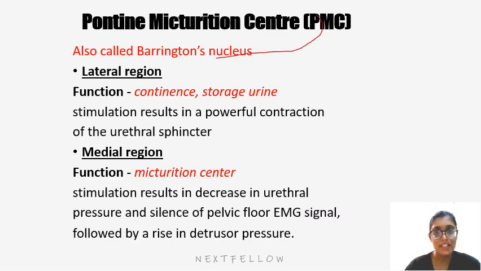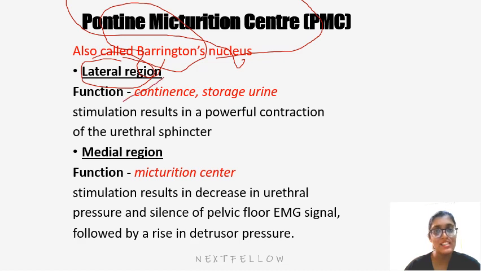Now coming to the pontine micturition center. The pontine micturition center is also called Barrington's nucleus. Very important MCQ. The M region is located in the medial region of the pons, and the L region in the lateral region of the pons. The function of the lateral region is continence and storage of urine. Stimulation results in powerful contraction of the urethral sphincter.